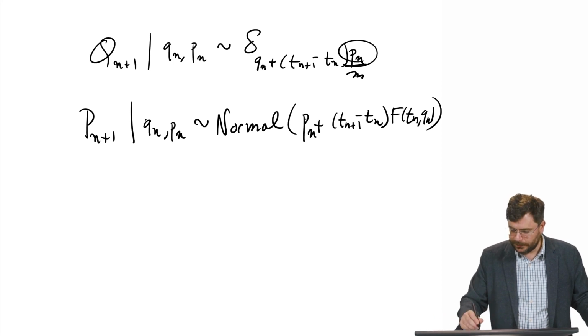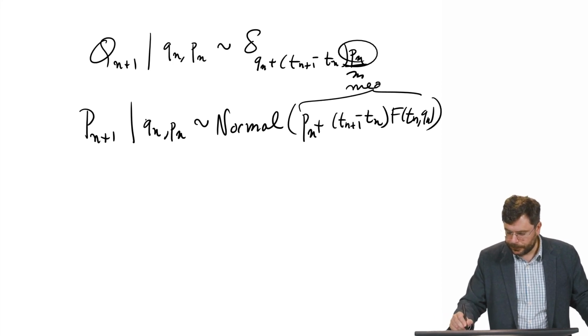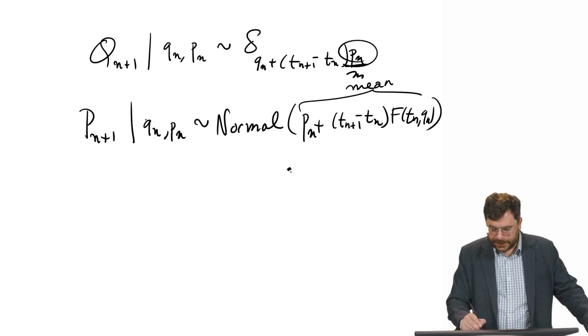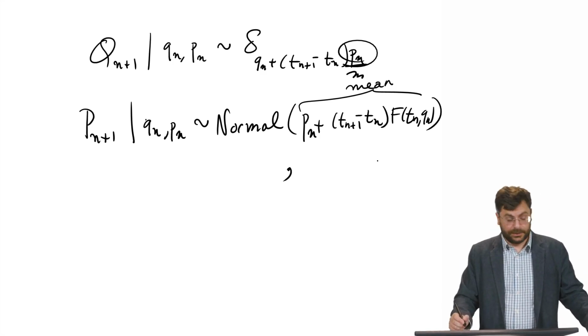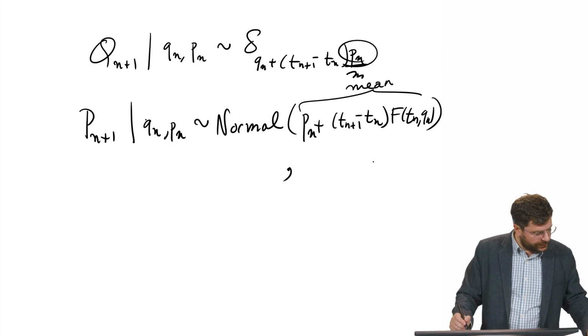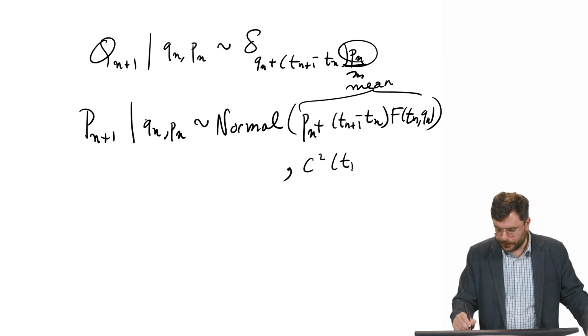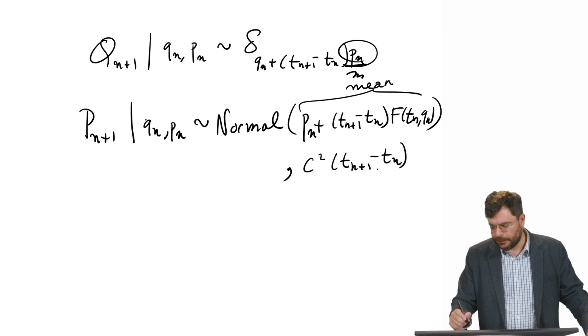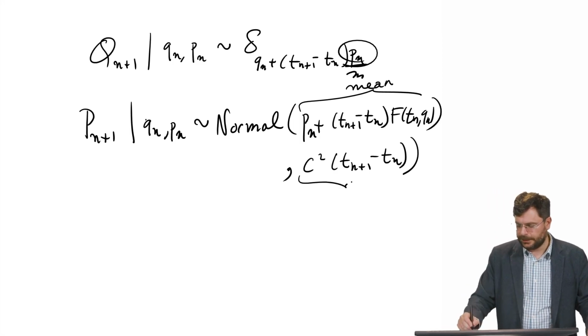That's the mean. And then comma, and then we have the variance. And the variance is going to be c squared times (tn plus 1 minus tn).